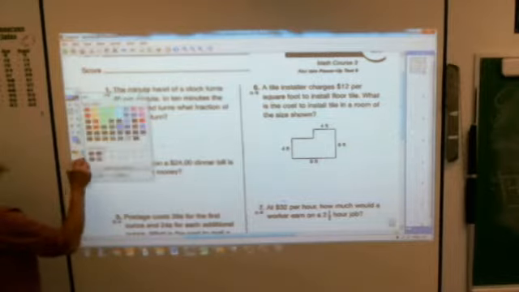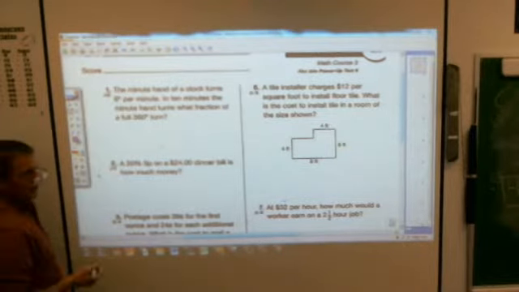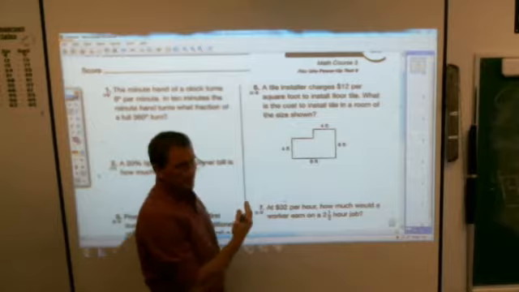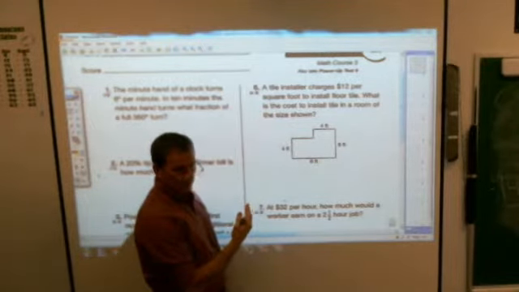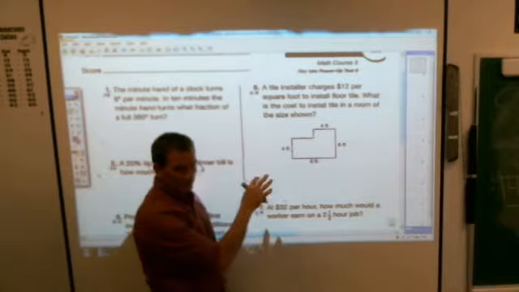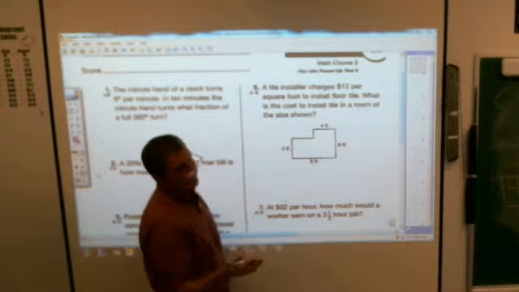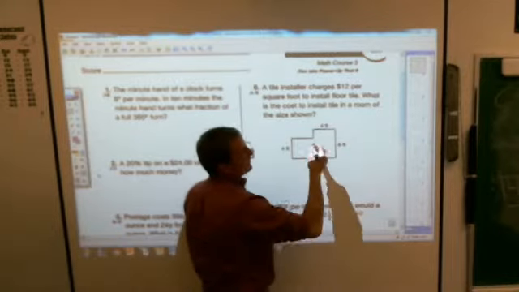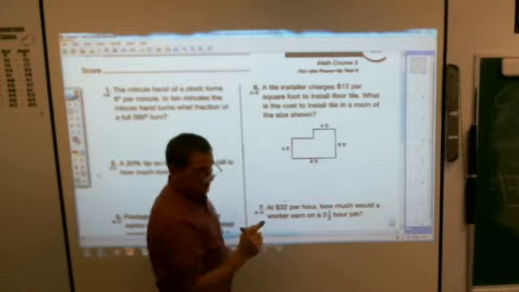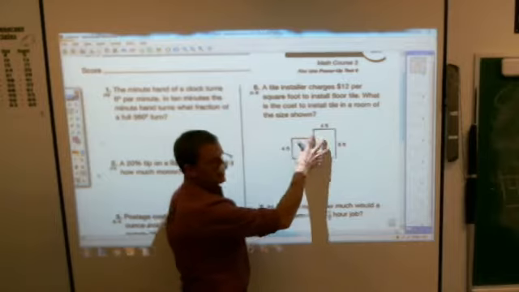It's always good when you start a problem to read it and understand what it's asking you. Since this has multiple steps, you need to understand this, boys and girls. It doesn't ask you just to find the area.